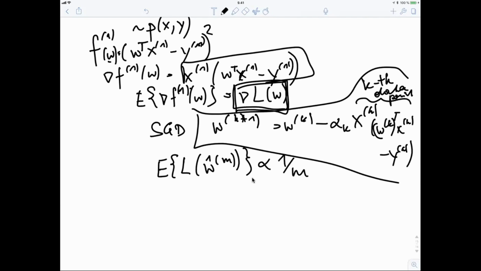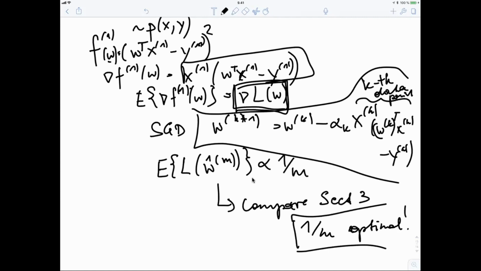So this decreases with 1 over the number of data points that you have read in. And if you compare this with the analysis of the validation error and the generalization error of plain linear regression in section 3, you find that 1/m is optimal.